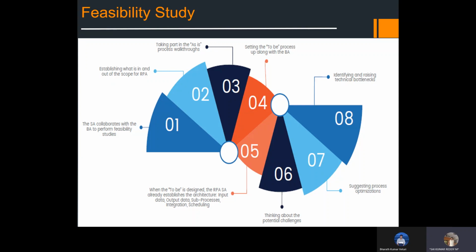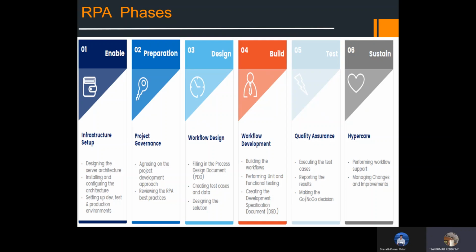And identifying and raising technical bottlenecks. If there are any technical challenges which we can't achieve in RPA, we need to identify and raise them in the design phase only, or in the identifying-a-process phase only. So this is about the feasibility study. And these are the RPA phases, which we already discussed.